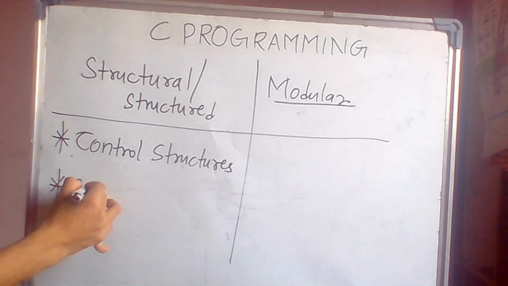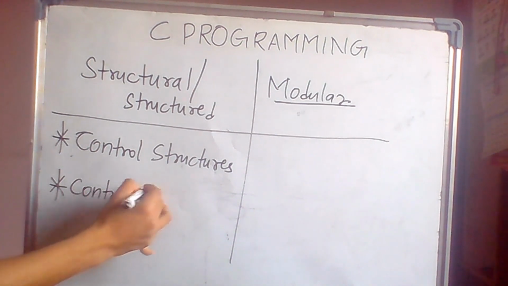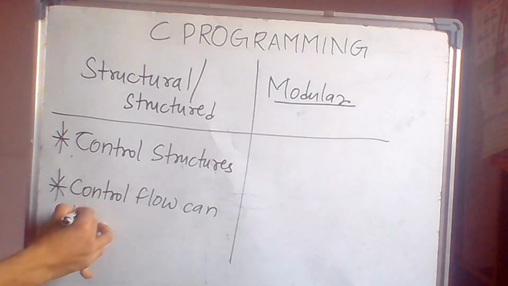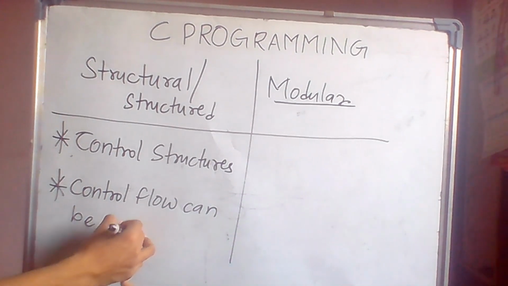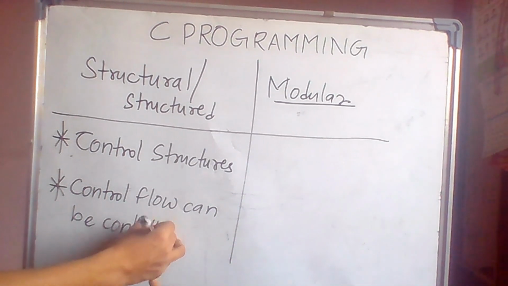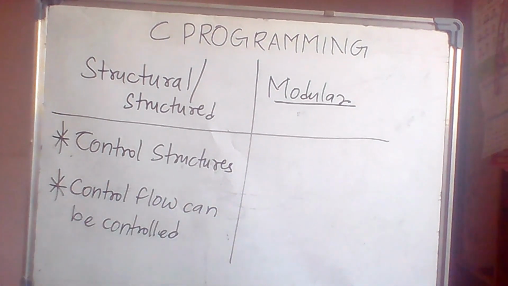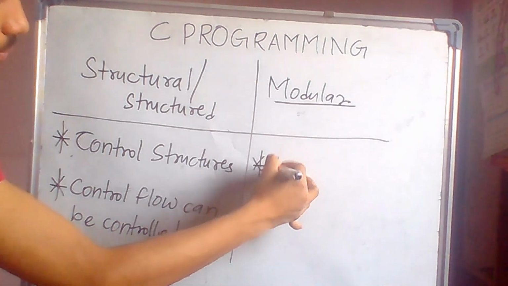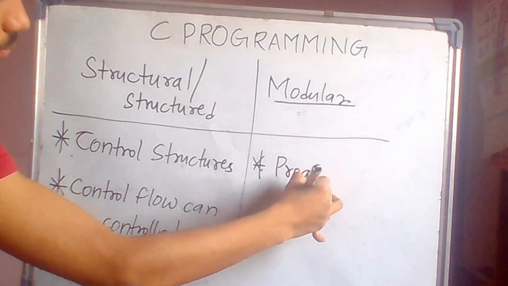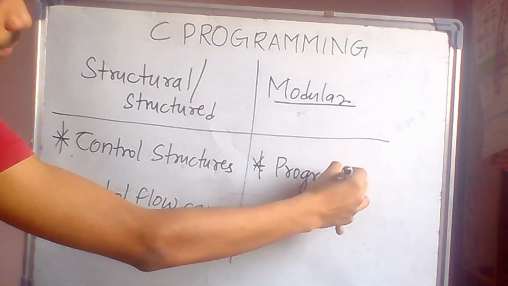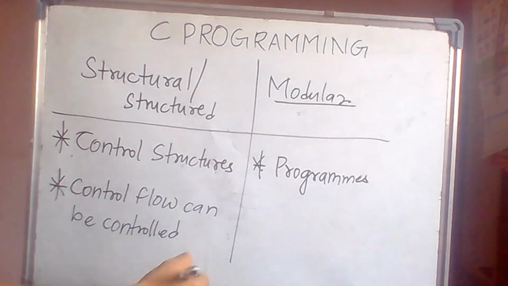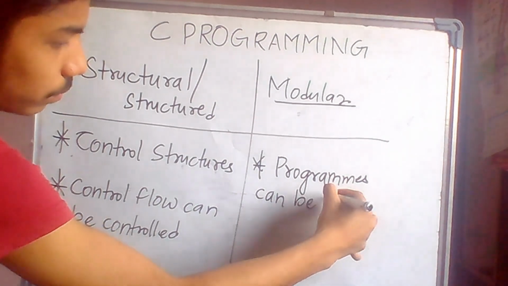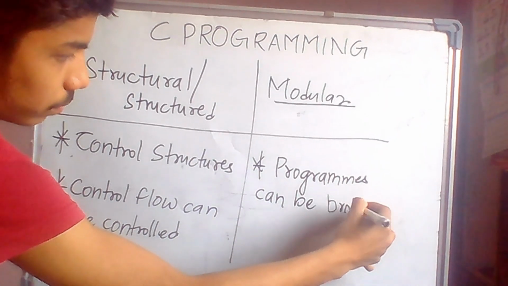Structural or structured programming language means a programming language in which there are control structures. Like in QBasic you can find the control structures. There are three types: sequential, branching and looping, like if else, else if, while. So these control structures you can find in C programming, from which you can control the control flow.